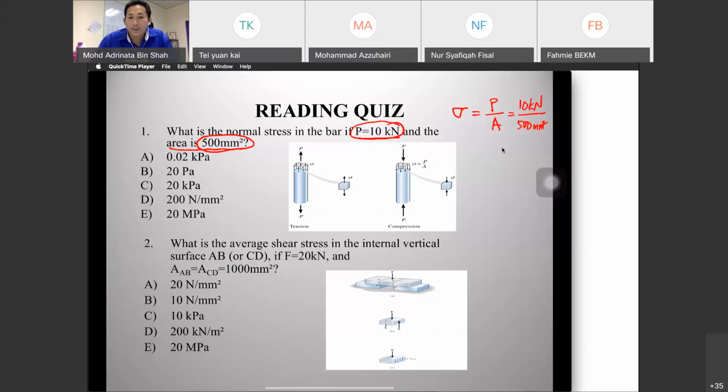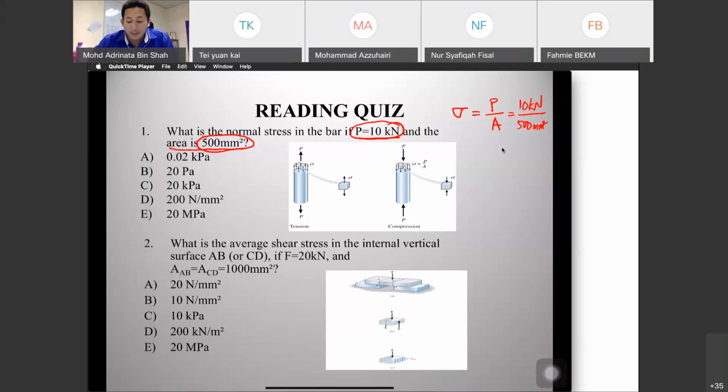C. Okay. Sini, 10. Ini kena tambah. Apa saya contoh kat tepi je.